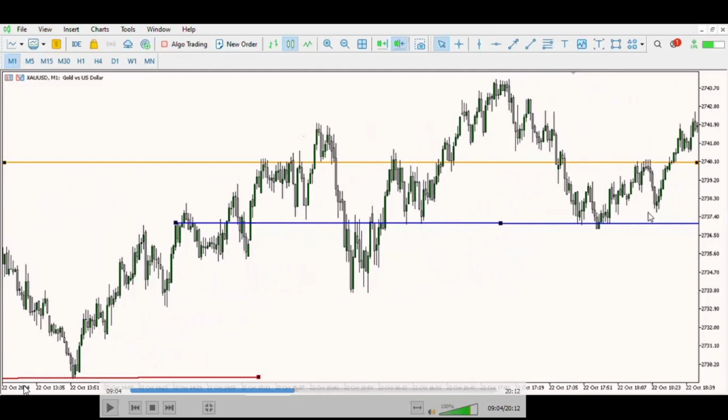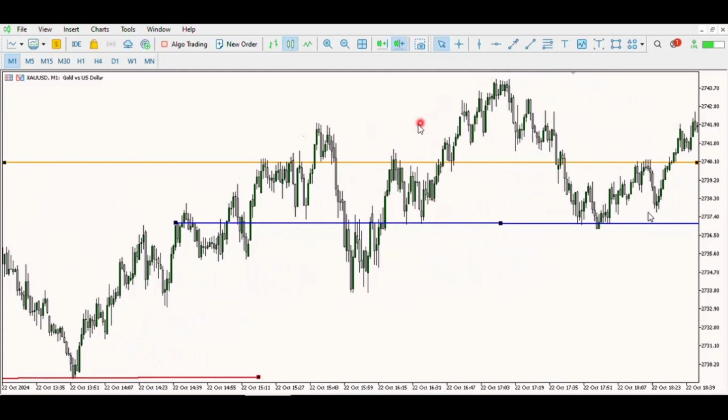But I somehow don't like this price structure because the last thing that I want is to find myself chasing price.